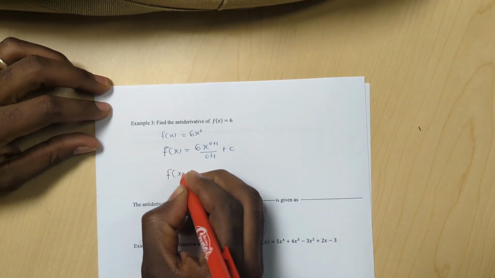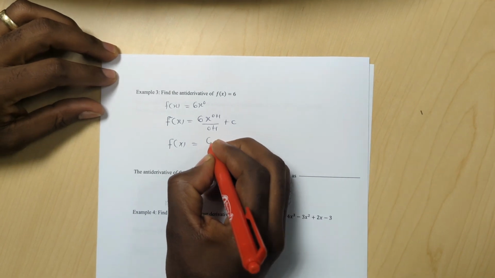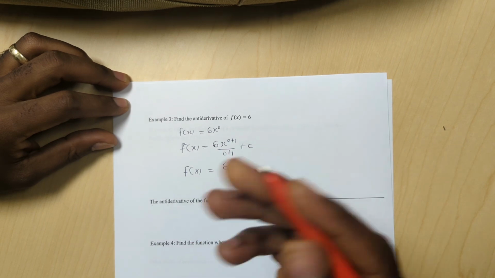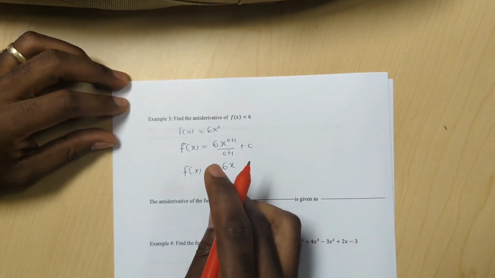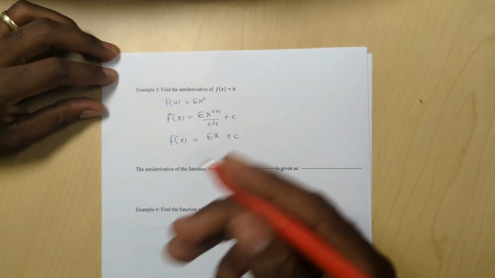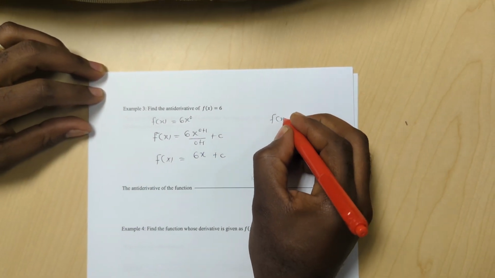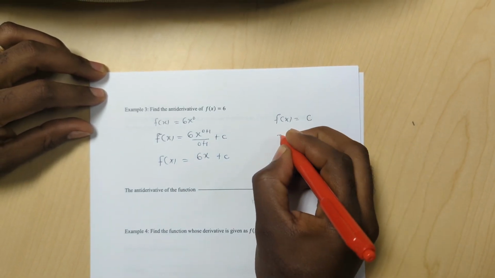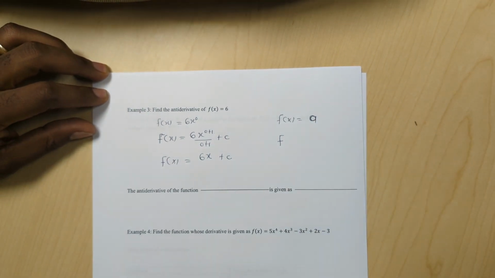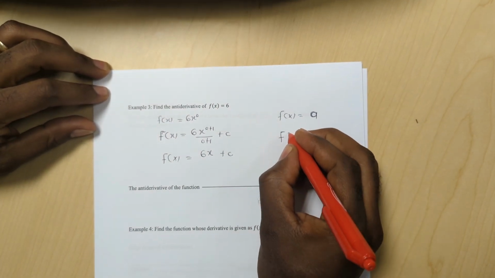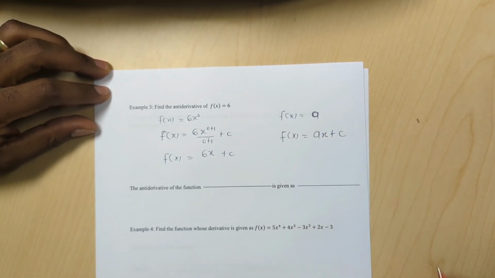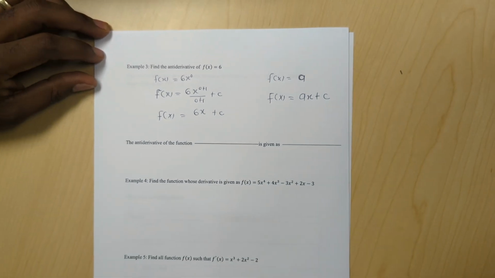So F of s will be equal to 6, 0 plus 1 is 1, and s exponent 1 will just be s, divided by 1, that will just be 6s, then plus our constant. So we can conclude that if a function f of s is equal to a constant, say a, then its antiderivative capital F of s will just be as, then plus our constant. I hope you get this.